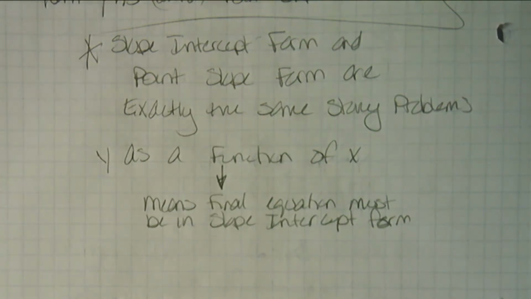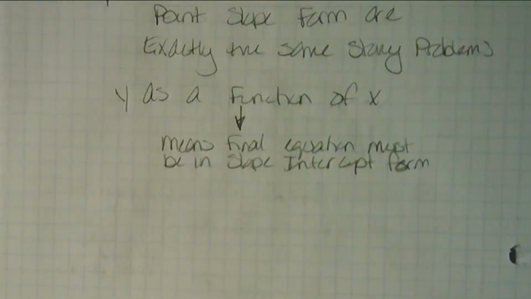But if you're looking to identify what the initial cost of something is, or if you want an easier equation to actually use, slope-intercept is the one. So slope-intercept is the most common type of linear equation when we have independent and dependent variables.